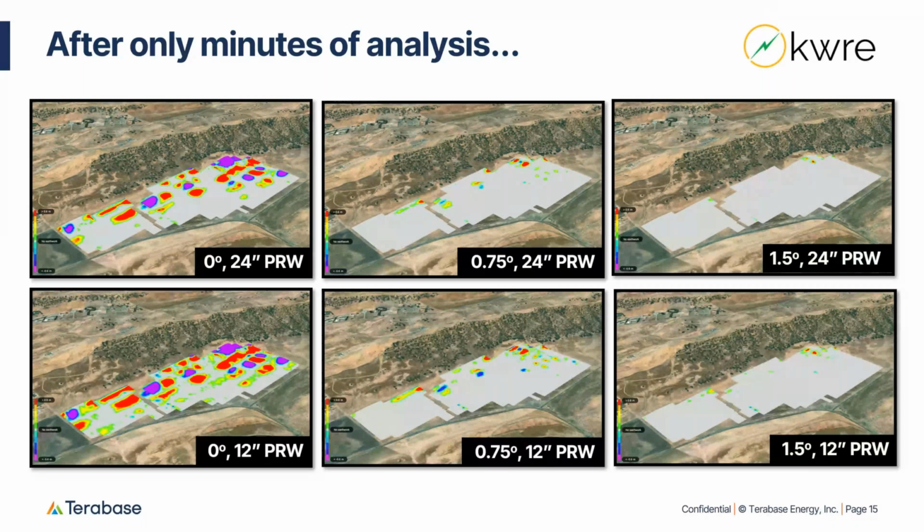I could do the same thing with a handful of different tracker parameters. Consider a straight torque tube, one that articulates, one that's terrain following, different reveal ranges. And in a matter of minutes to an hour, I can have a dozen results out that I could use in a discussion with developers or EPCs, to help decision making early in the project.